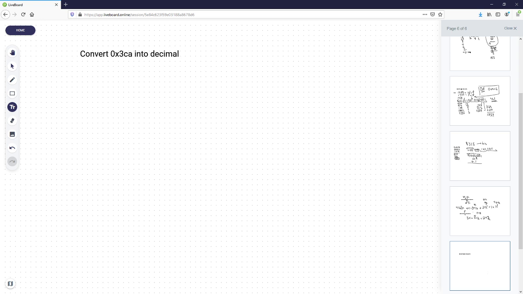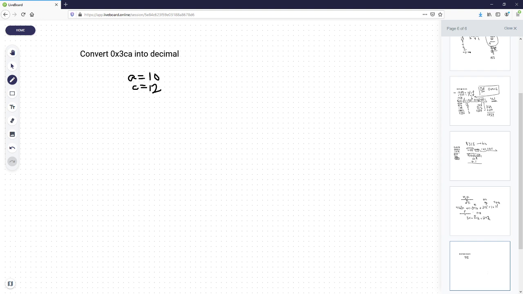If we're going to convert 3CA into decimal, then how are we going to do it? What we're going to do is remember that A is equal to 10, B is equal to 11, so C is equal to 12. And 3 is equal to 3.